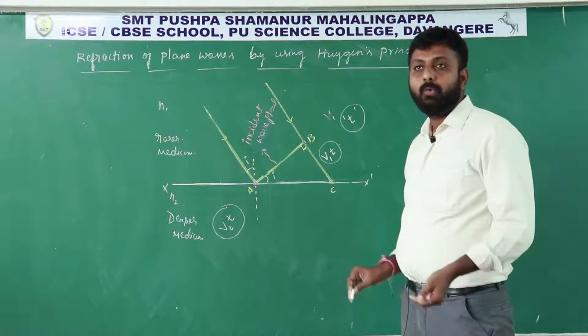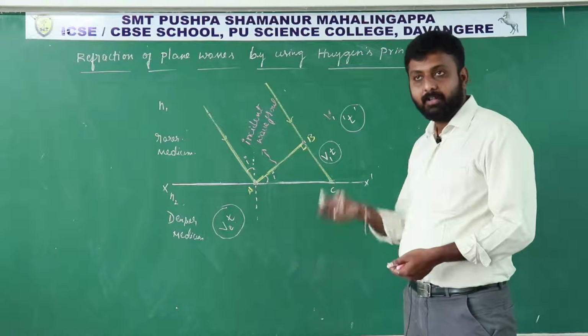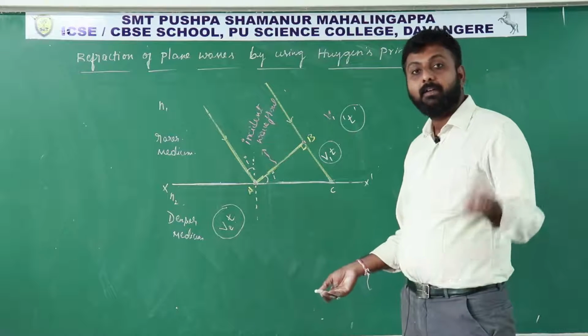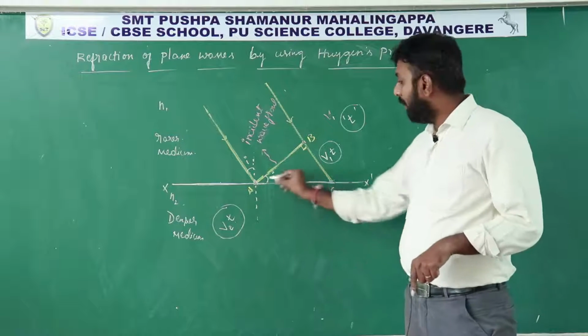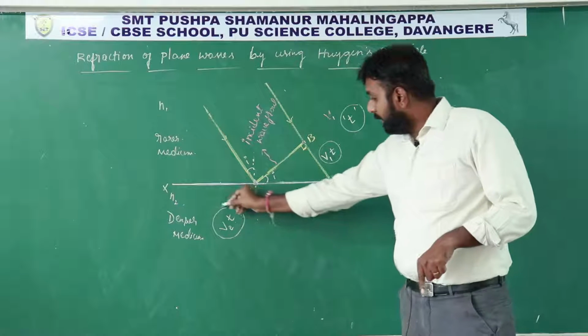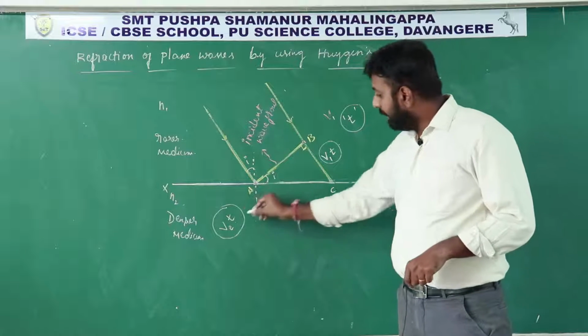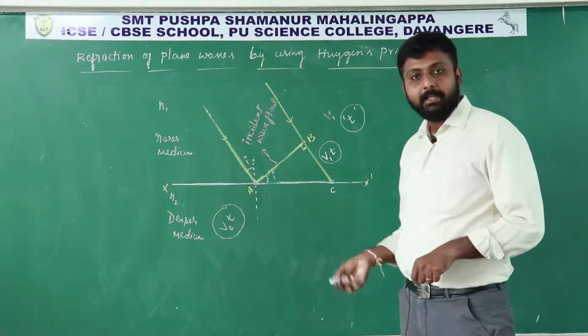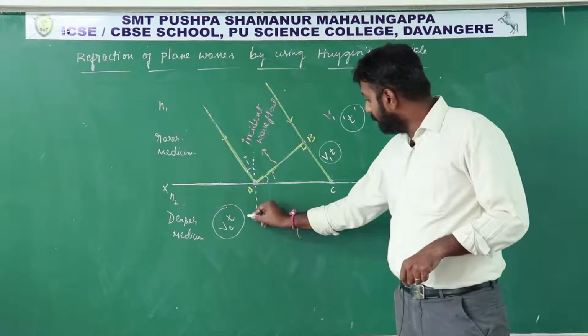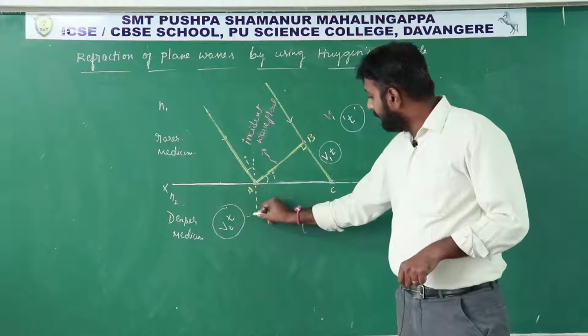You know how to get the position or the shape of the new wavefront after time t. So after knowing this v2t distance, what we have to do? We have to take v2t as a radius, and we have to draw a sphere.